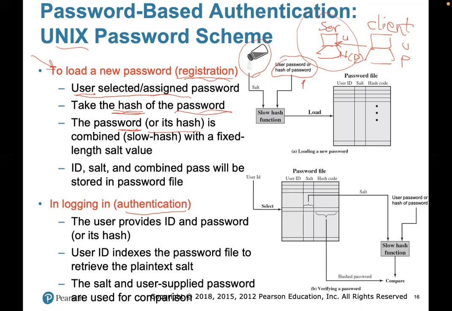A salt is being generated at the server side. So we have 2 things, and these 2 are going to be hashed again using a specific type of hash. We call it a slow hash, and I will explain why we say slow hash and how it's different from the normal hash functions that we know. These 2 are going to be hashed, and whatever we get is going to be stored in a table like this.